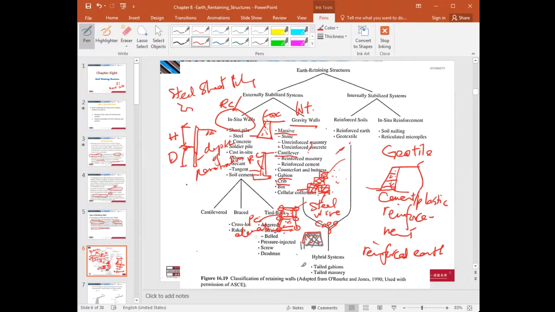And you could also have rows of bored piles. You know what bored piles are, right? So you drive the piles at very close spacing. So that's a pile wall.